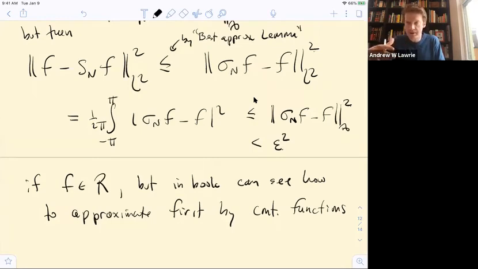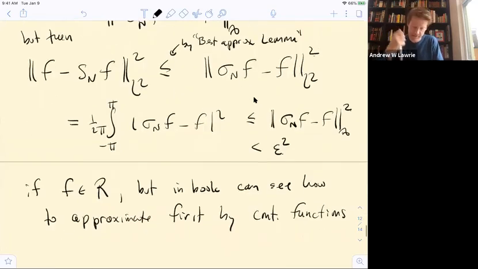And then after you approximate by a continuous function, just apply the previous argument to that continuous function. It's this approximation theory that I haven't covered yet, because we're going to do it more carefully in a few weeks. Then apply this previous argument with the triangle inequality, and you're done. So that's the theorem.